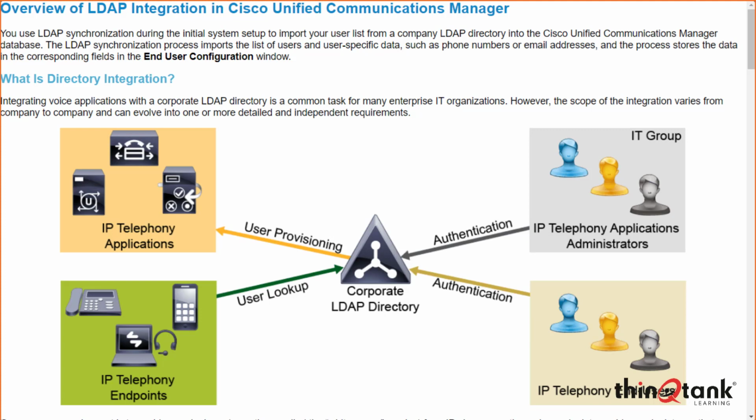All right. So think of a DN in the context of LDAP as a file path. Then you have the relative distinguished name, which is like the file name itself in the parent folder. So it would be /a/b/c.txt. That would be the DN, if you will, and c.txt would be the actual RDN.